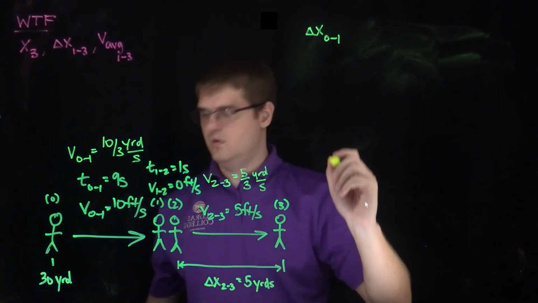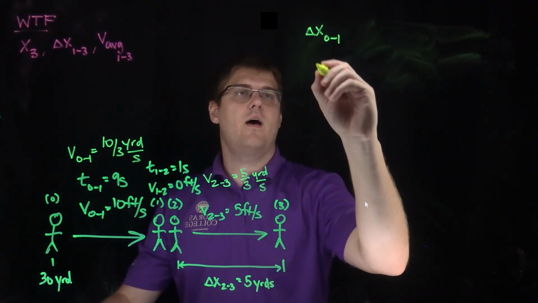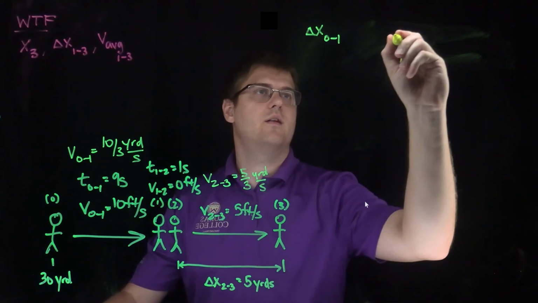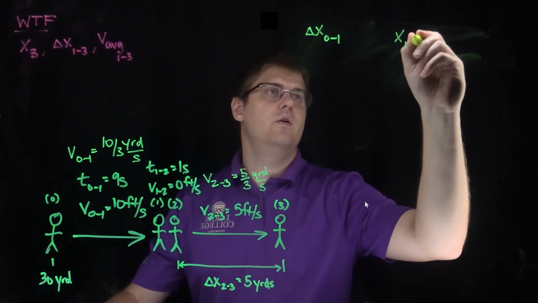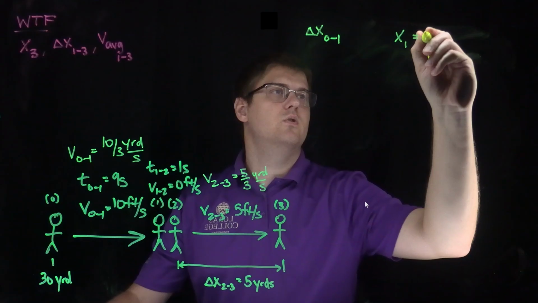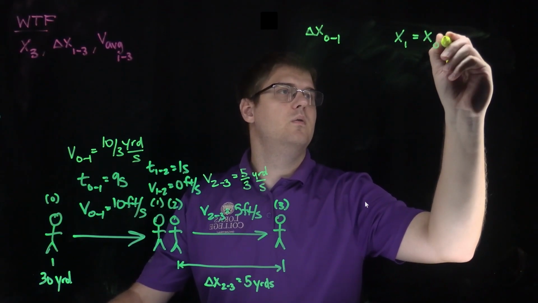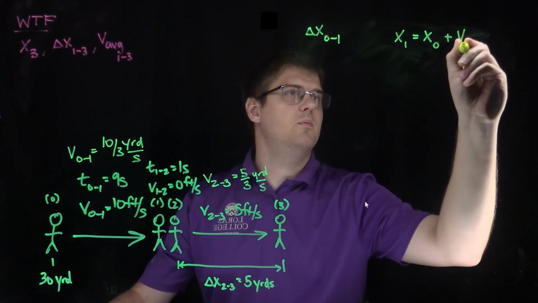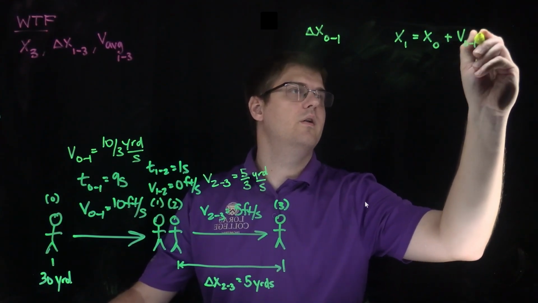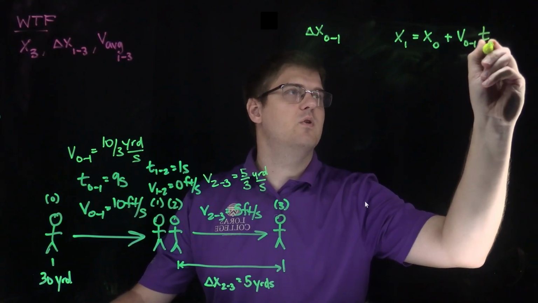Okay, so we have our base equation. We know that x1 is equal to x0 plus velocity between 0 to 1 times my time between 0 and 1.